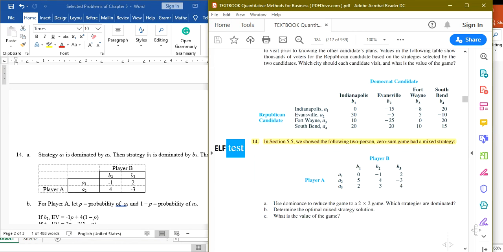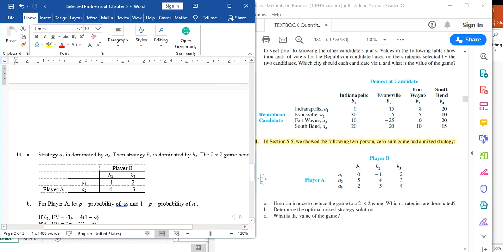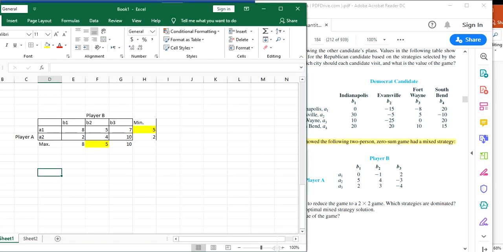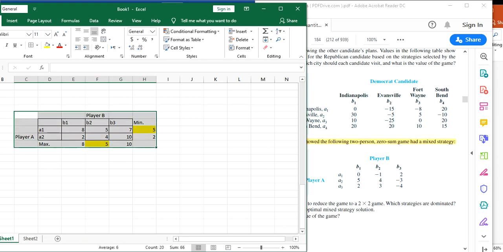Let's go for the last question, question 14. I want to do it in here as well. Okay, just ignore this.